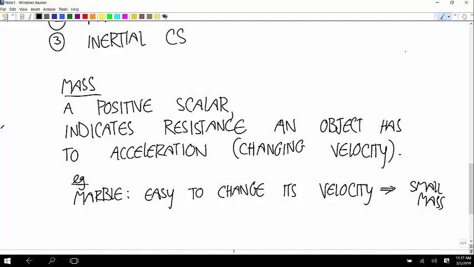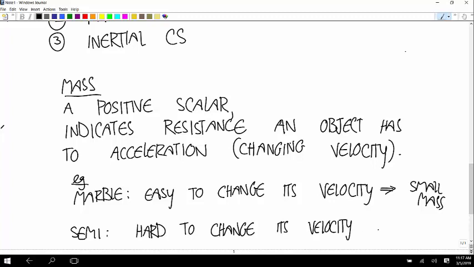A semi-truck: it's hard to change its velocity, and that means it has a large mass.